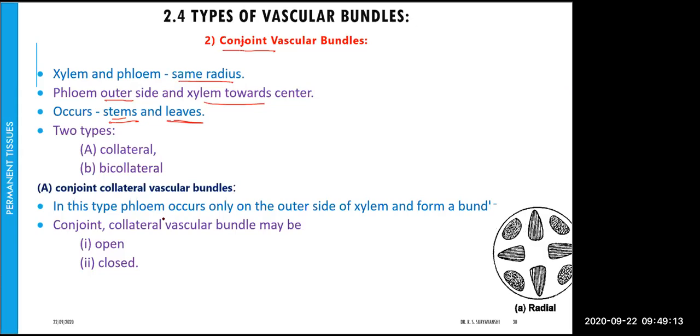In this case, the phloem occurs only on the outer side, means not on the inner side, and these conjoint collateral vascular bundles are once again classified into open and closed vascular bundles depending upon whether there is cambium or no cambium.